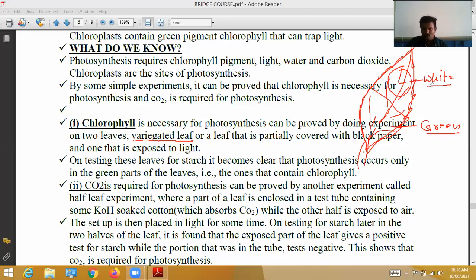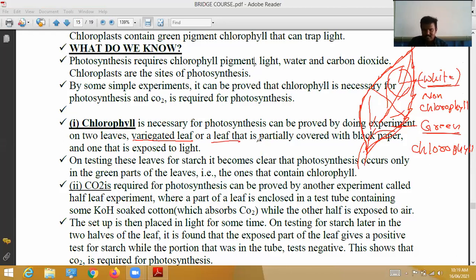Where the leaf appears white, that is the non-chlorophyllous area. Where the leaf seems green, that is the chlorophyllous area. So this is called a variegated leaf.